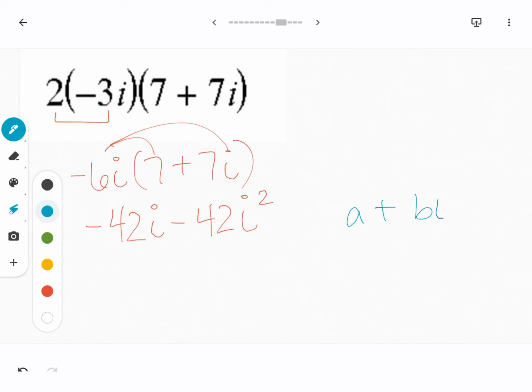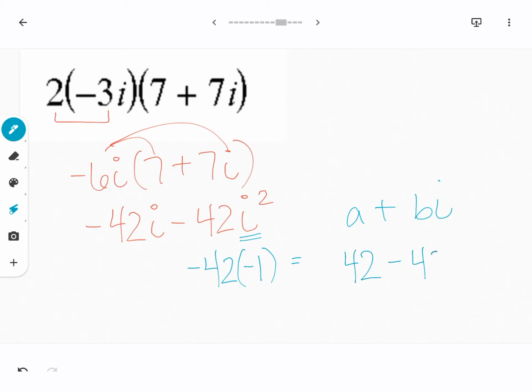But this is not in the correct form. It needs to be a plus bi, which is not in that form yet. And the issue I have is this i squared. But what we talked about on that previous slide and why it's so important is that i squared is the same as -1. So this -42 is really just multiplied by -1, which means I can do -42 times -1 is now plus 42.